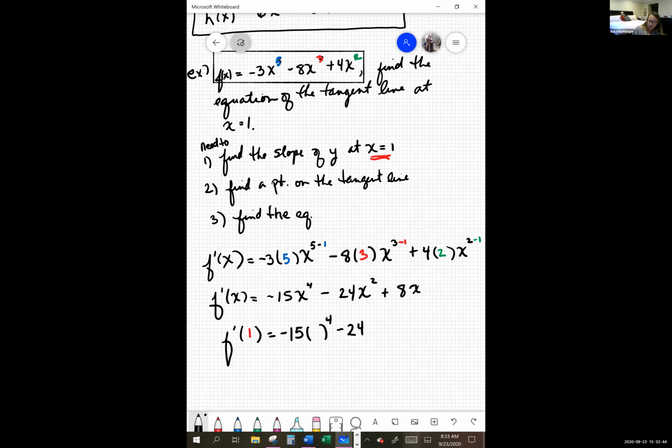So knowing our b value, knowing our slope of the tangent line. Oops, something's wrong. Our slope, I was looking at x equals 1, is actually negative 31.